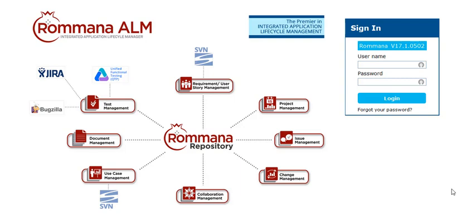a system. So projects in Rommana ALM do not exist by themselves, because a project only exists in order to deliver features, and those features belong to a system or a product or a subsystem.